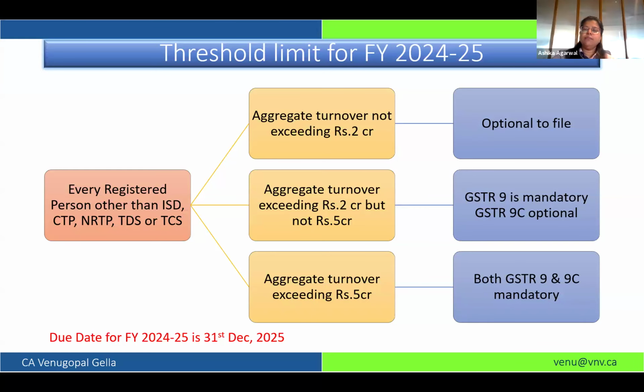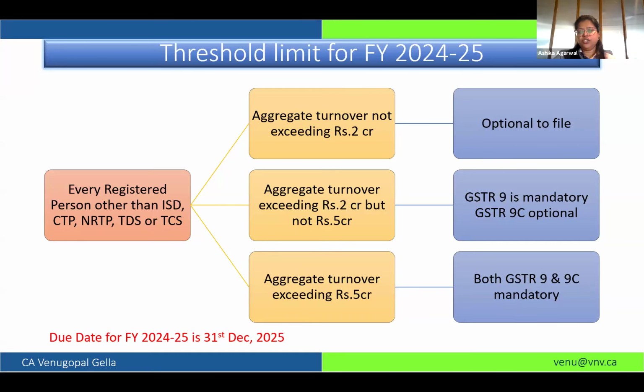The way they prescribed the threshold limit in the preceding financial year, the same threshold limit they have also continued for 24-25. So again, if your turnover is below 2 crore, they are saying it's optional. Above 2 crore, then 9, and above 5 crore, then 9 and 9C both need to be filed.